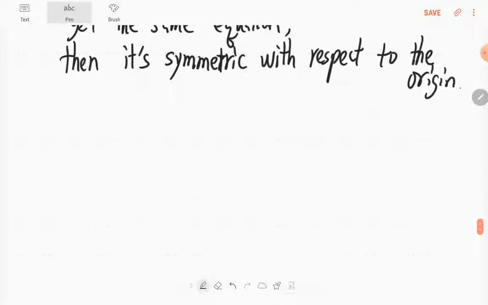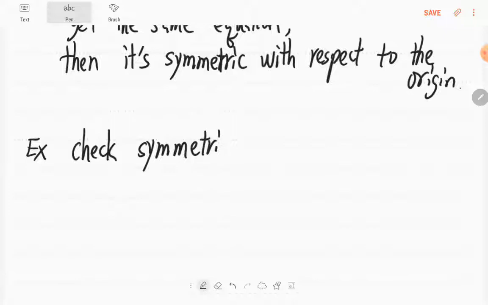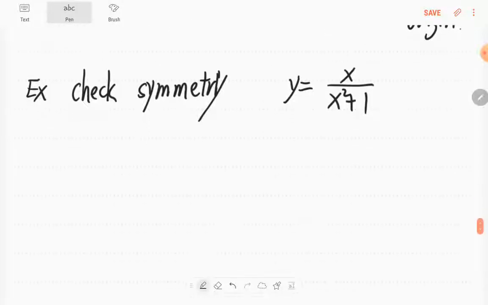So now let's look at this. We want to check the symmetry for the function y equals x over x squared plus 1. We don't know the graph, right? We cannot identify it directly, but we can still use the algebra way to find the symmetry. So the first thing, let's look at the x-axis symmetry.